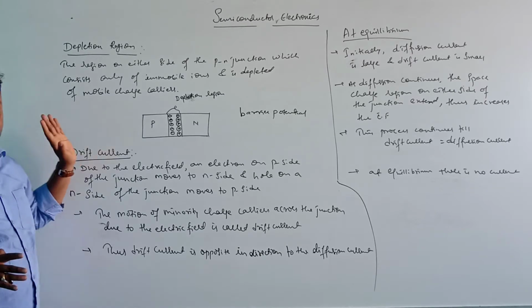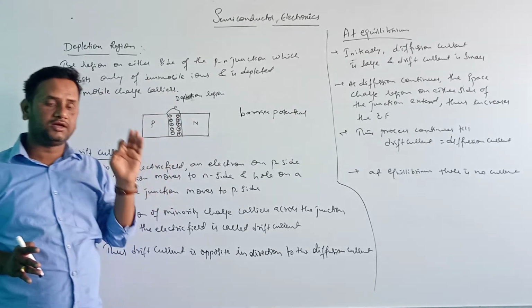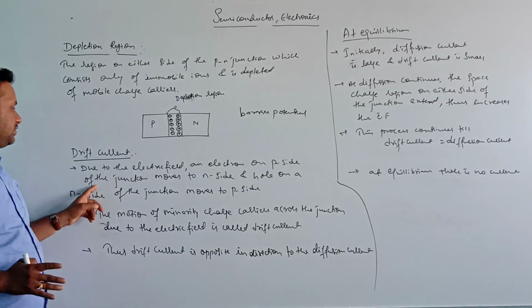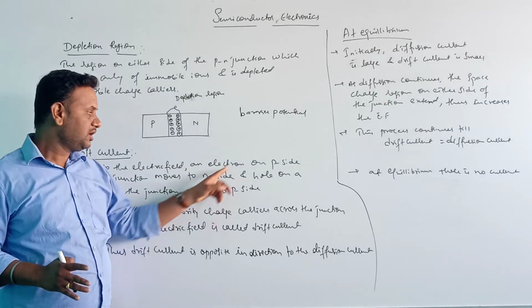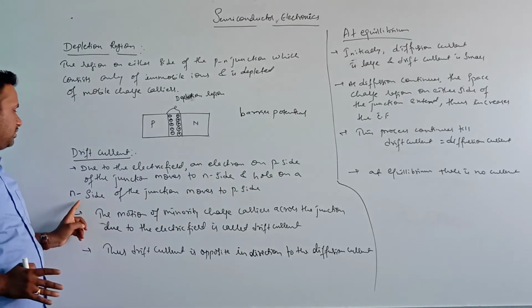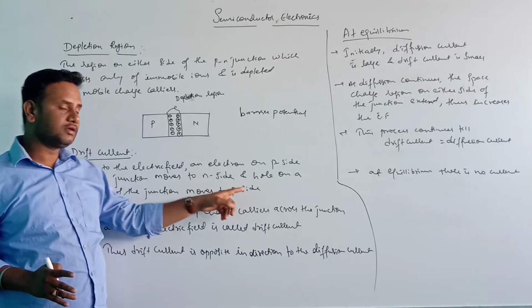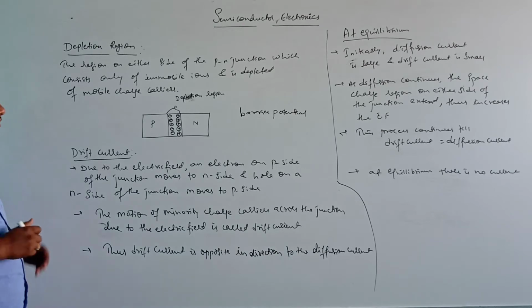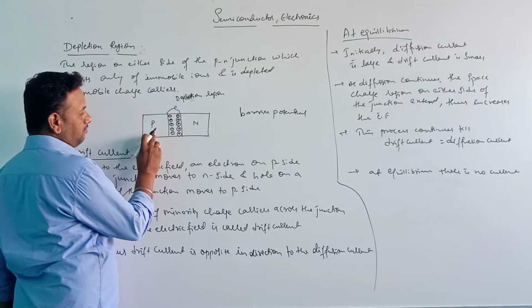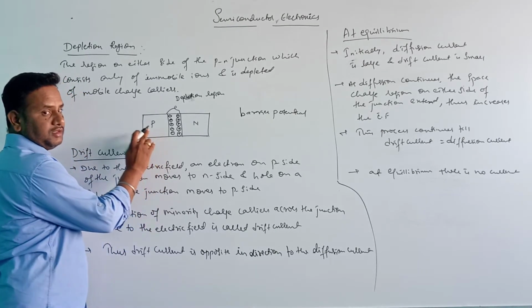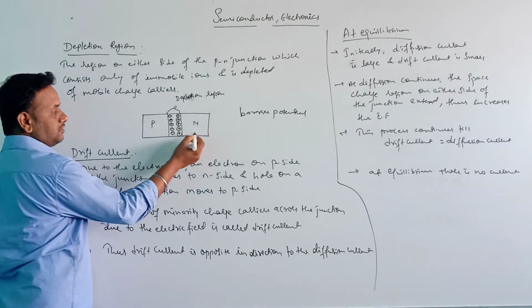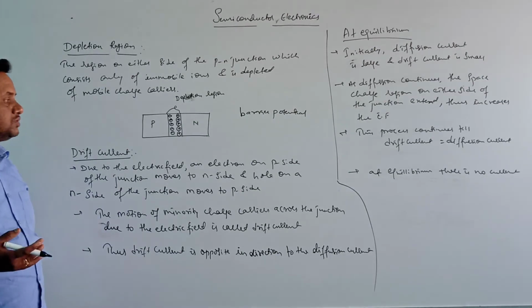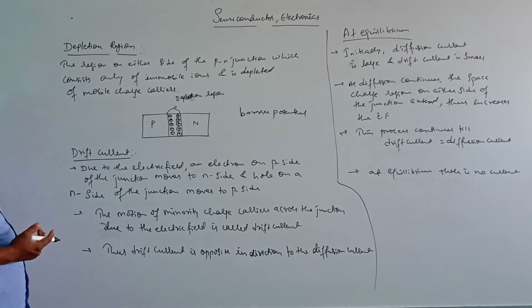Due to the electric field, when we apply an electric field to the PN junction, electrons on the P side of the junction move to the N side, and holes on the N side of the junction move to the P side. As I told you, in the P region the minority charge carriers are electrons, and in the N region the minority charge carriers are holes.